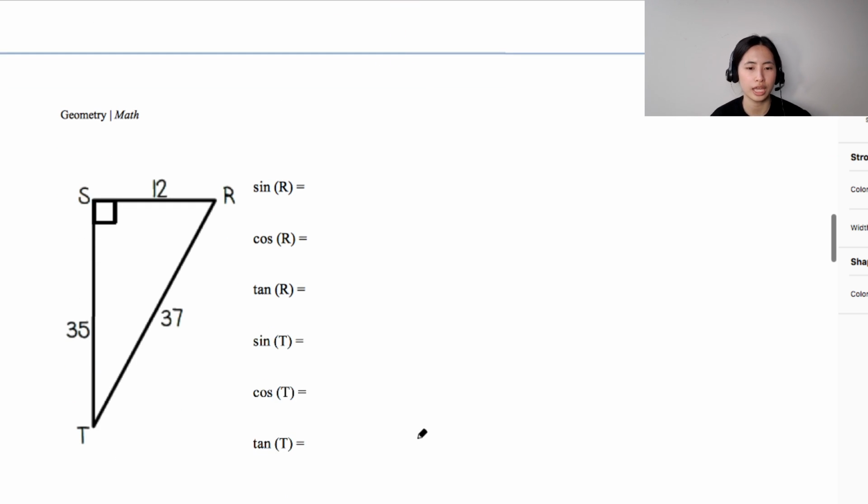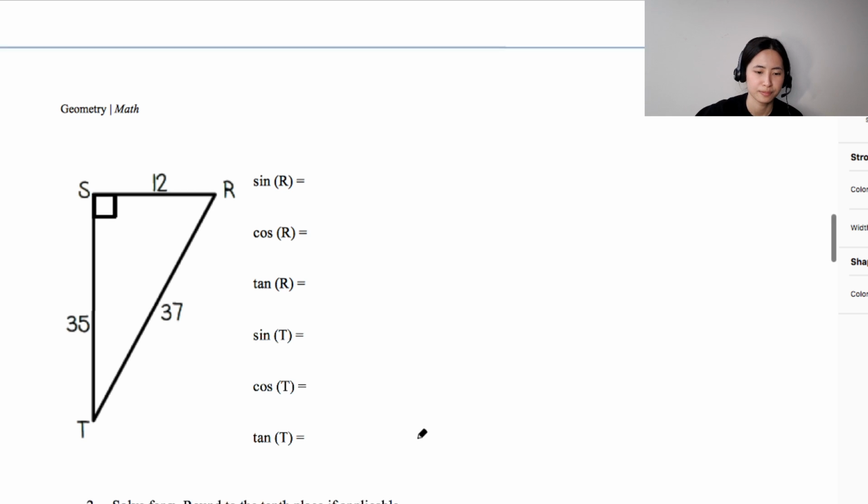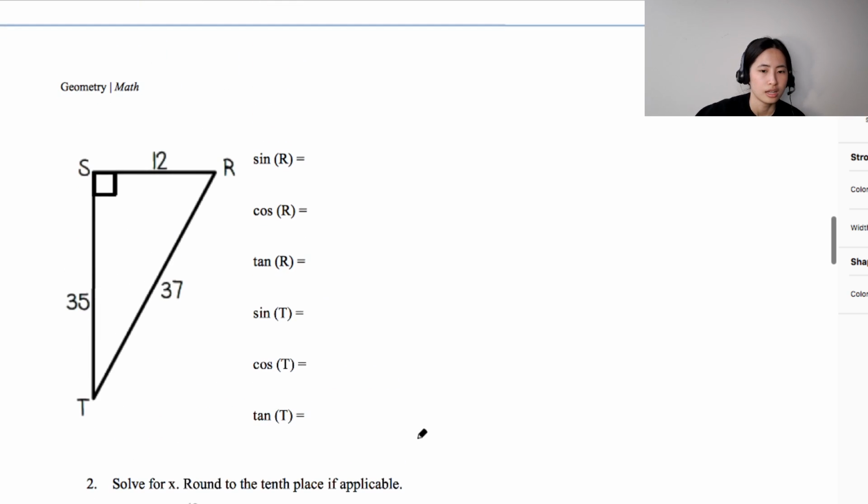Okay, so now we're looking at sine r and sine t, right? For sine r, we know that the angle is right here. That means your opposite side is 35, right? And your hypotenuse would be 37, because the side opposite your right angle is 37. So sine r is basically 35 over 37.